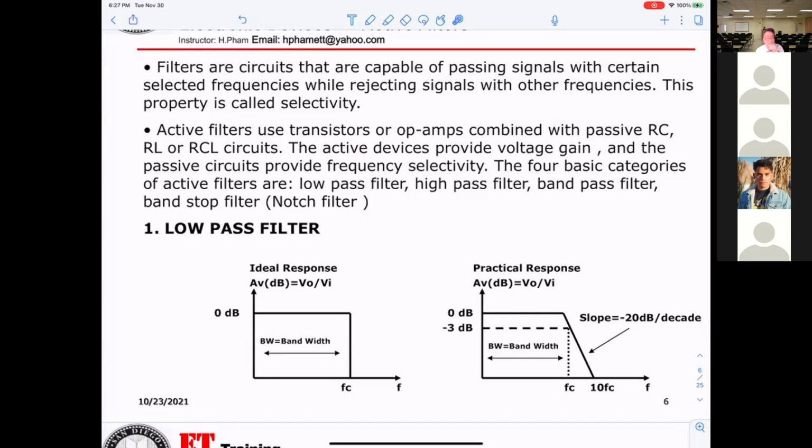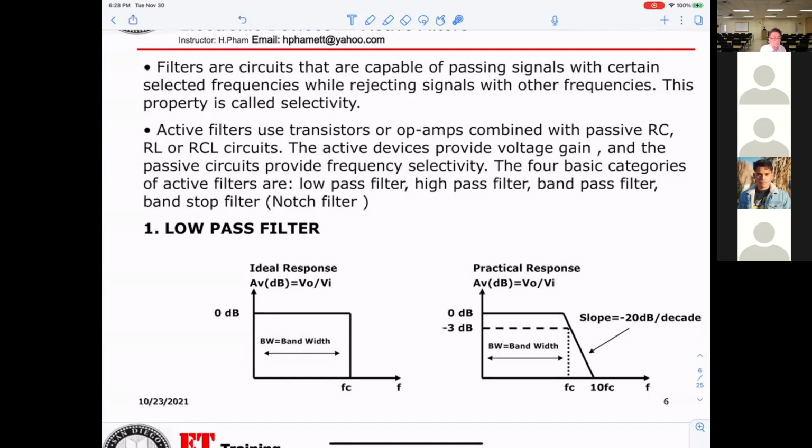The four basic categories of active filter are low pass filter, high pass filter, band pass filter, and band stop or notch filter. We already learned these from passive filters last summer.